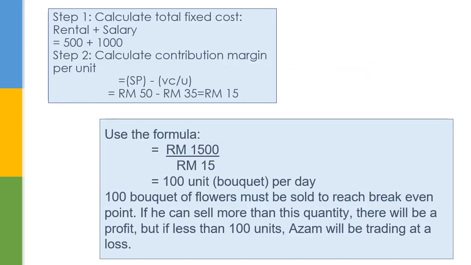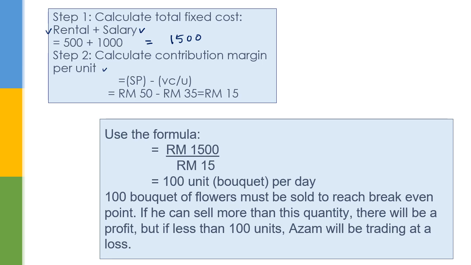Okay, let's calculate the example. Step 1, calculate the total fixed cost. Total fixed cost is represented by the rental and salary, and therefore we have a total fixed cost of 1,500.